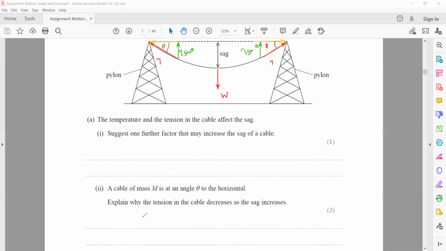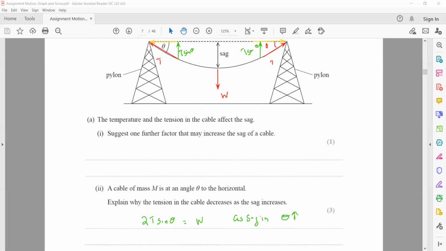So what can we say? We can say 2T sin theta is equal to the weight. The weight which is acting downward balances with the component of the tension, which is T sin theta. As the sag increases, theta will also increase.